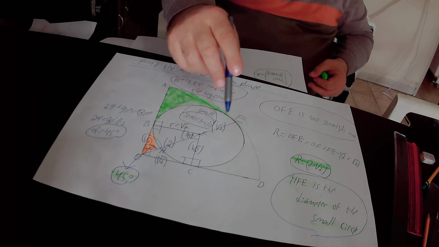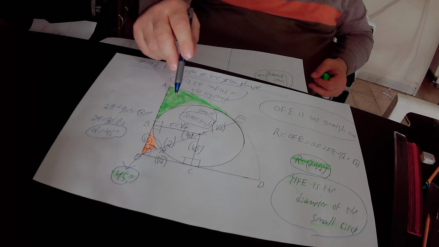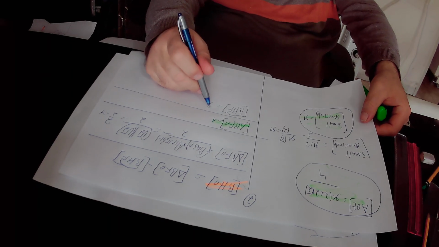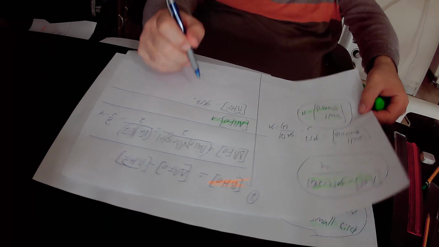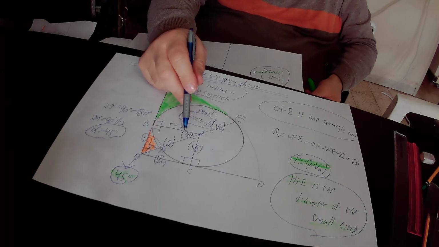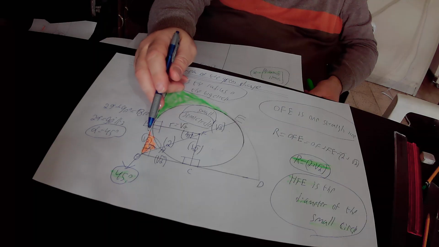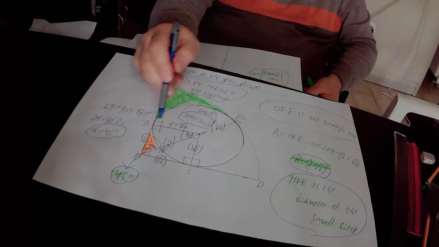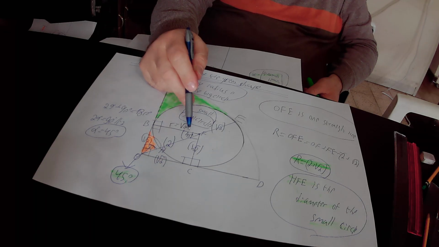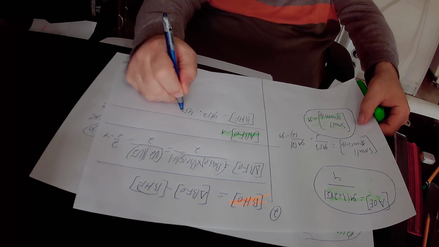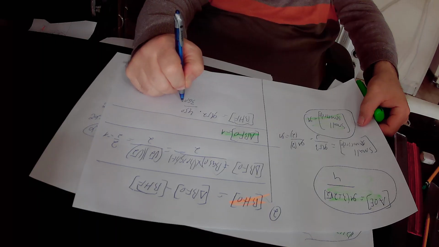The small circle contains the small sector, and we know that the area of the small circle equals pi r squared, times the angle between the legs of this sector BHF. This is the angle between the legs of this sector BFH. This angle equals 45 degrees. So it is 45 degrees over 360 degrees.